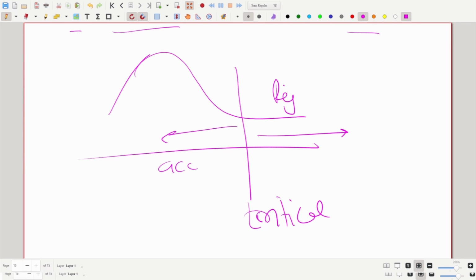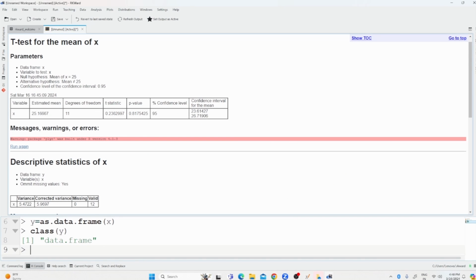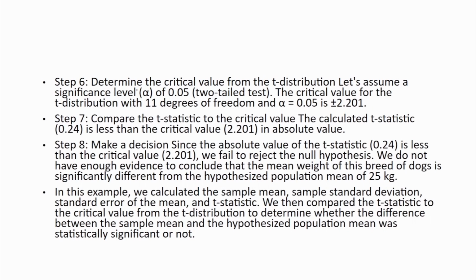Now when you are doing a computer based test, you per se do not need to find t critical. On a computer based test, you get the p value. The critical value for the test, at the level of significance 0.05, is 2.201.